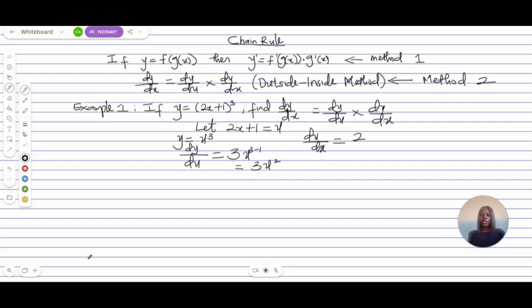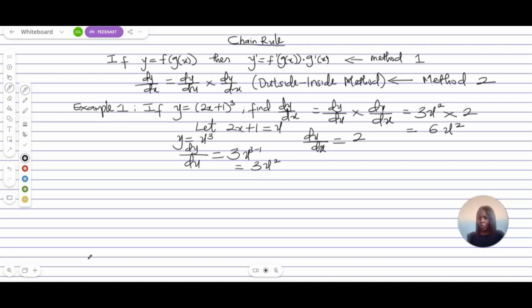That's all. So let's slot that into the formula and see what we get. dy/du is 3u squared, times du/dx, which is 2. So this becomes 6u to the power of 2.